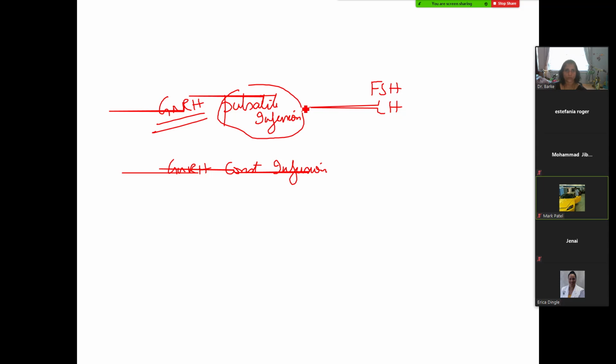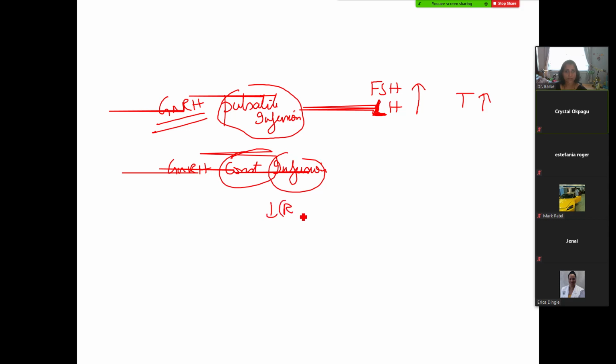No. So what is going to happen to FSH-LH in males if you're talking testosterone? It will keep stimulating it, so it will increase. But when you give a constant infusion, then it will downregulate the receptors. So then what will happen to FSH-LH and testosterone? It will decrease. So that's another concept.